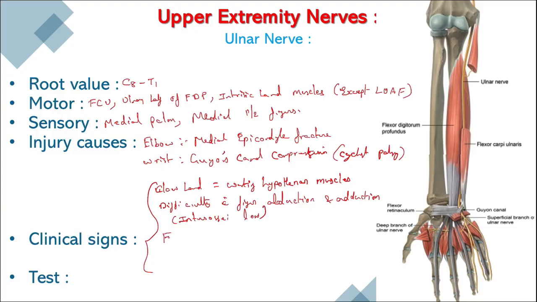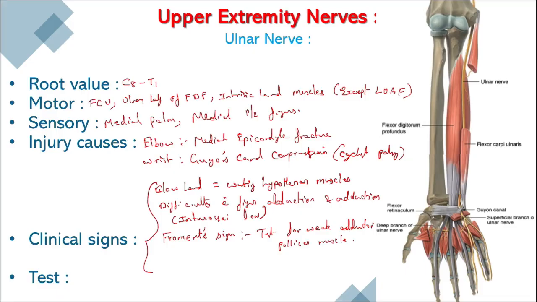Or we can do a test, that is Froment's sign. Froment's sign is a test for weak adductor pollicis muscle.